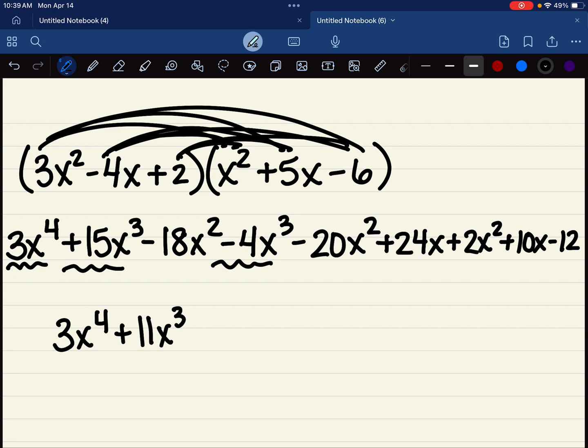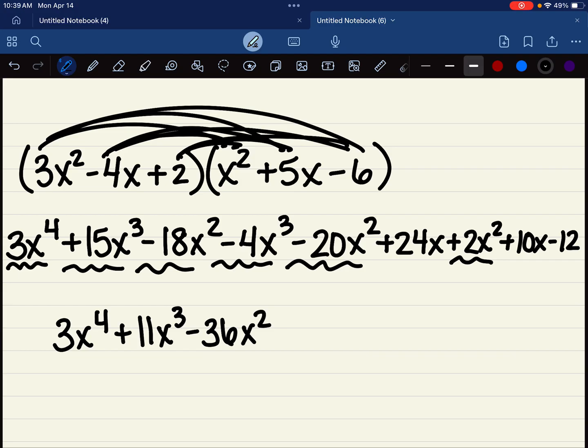Okay, Isis, what would I add next? Negative 18. Just those two? And then plus 2. So negative 18 plus negative 20 would give you negative 38. Negative 38 plus 2 would give you what? Negative 36x squared. Okay?